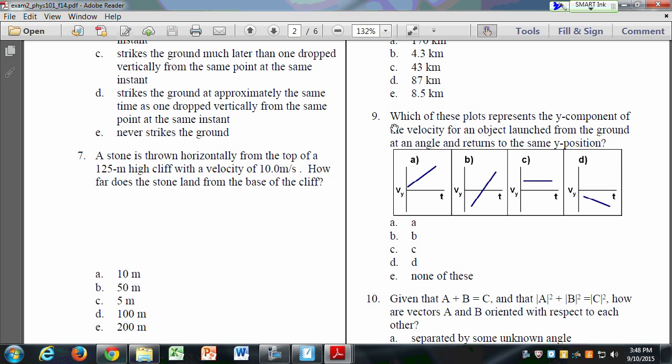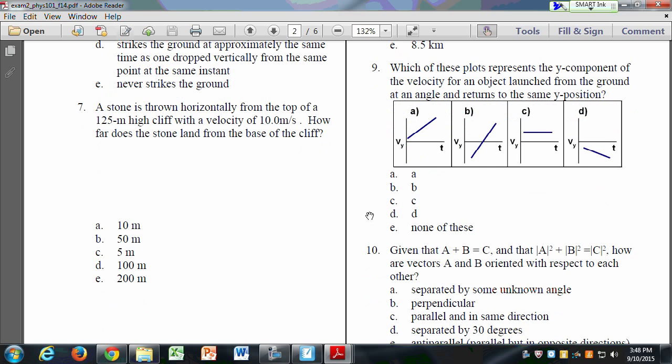Which of these plots represents the y component of the velocity for an object launched from the ground and returns to the same y position? Listen, y'all should be good at this by now. Which one is it? Is it B?